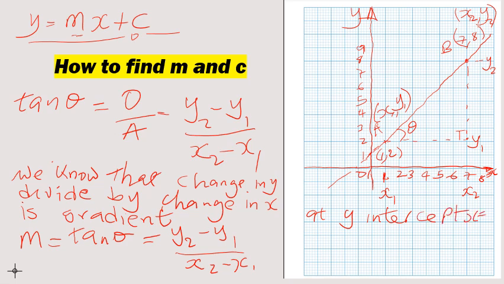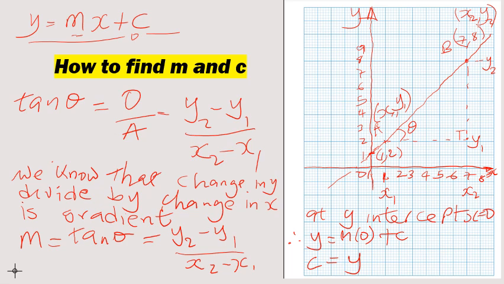x is equal to 0. Okay, it's there. X value is here. X is 0. Therefore, you can say that y will be equal to m times 0 plus c, which means your c will be equal to y, the value of y there.